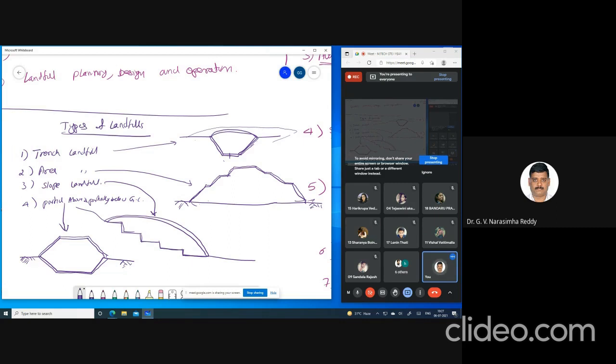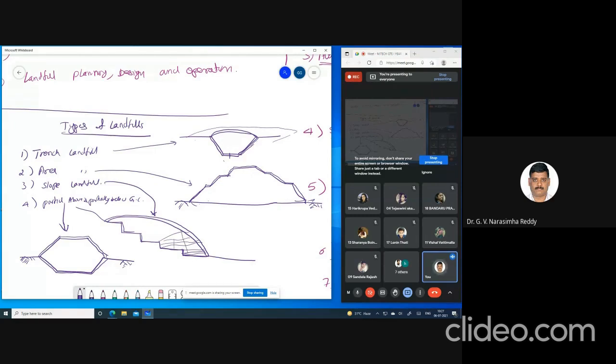Now recently, Ramky Enviro Engineers are dumping waste in Vishakhapatnam, in a hilly area, something like this. So the topography is hilly. They are trying to make benches, something like this, levels, and they will start filling, right? First layers here, a number of layers, and afterwards again layer by layer, something like this, and they will go on filling, right?